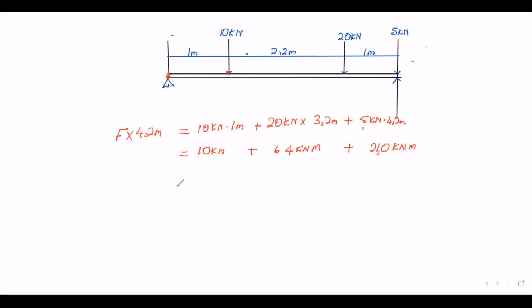We can add that. 21 plus 10 is 31. 31 plus 64 is equal to F times 4.2.